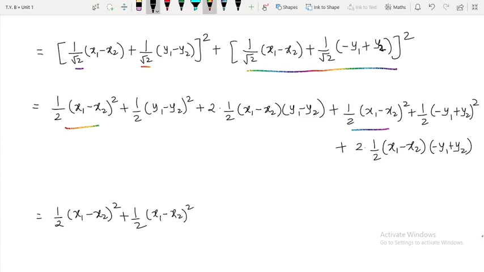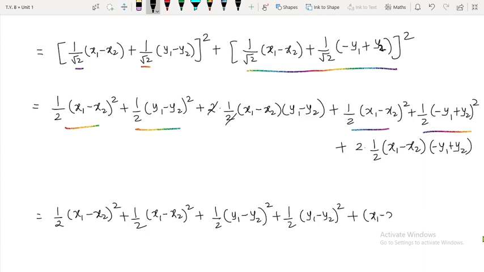Next this term and this term, so you will get plus half y1 minus y2 whole square plus half, okay, this minus y1 plus y2 whole square is same as y1 minus y2 whole square plus, now this 2 and this 2 will get cancelled out, so we will get simply x1 minus x2 and what, y1 minus y2, and over here also this 2 and this 2 will get cancelled out.